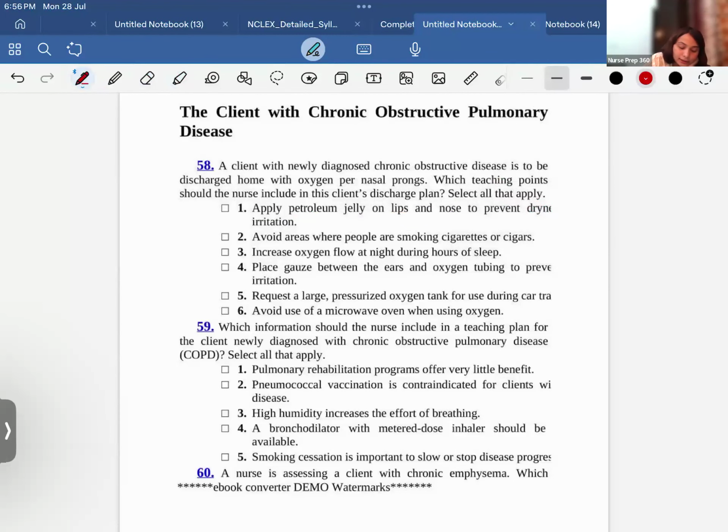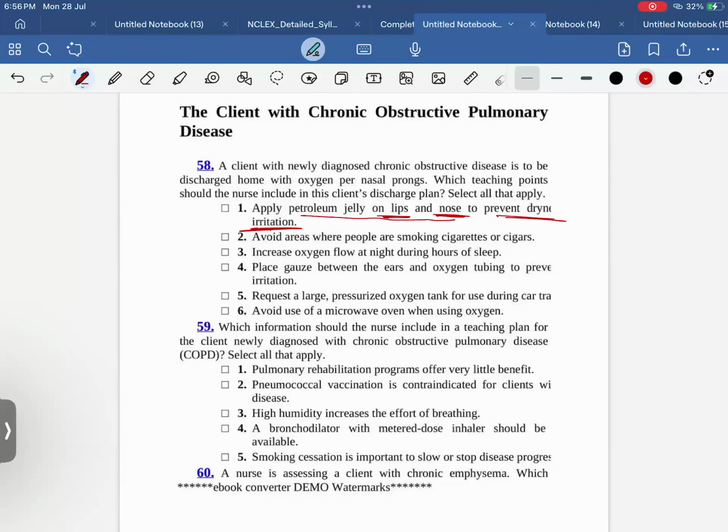Now let's read this. The first option is saying apply petroleum jelly on lips and nose to prevent dryness and irritation. What does it mean? Yeah, of course, there's dryness.